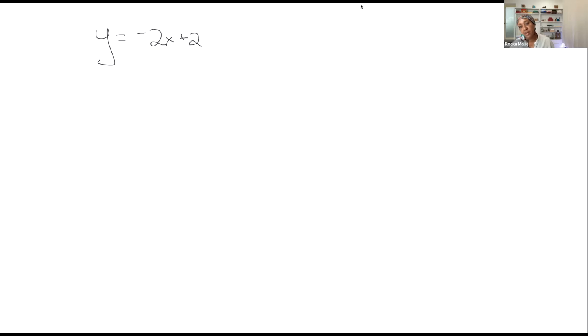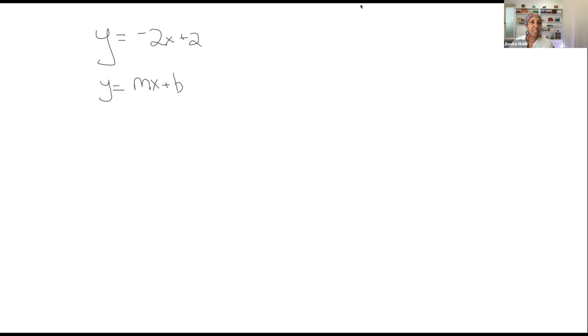If I want to graph this, it's already in a nice format. I can look and see what format it's in. What's the name of the format that it's in? It's mx plus b. Yes, slope-intercept, right? That's Angel. I'll give you a point for that.